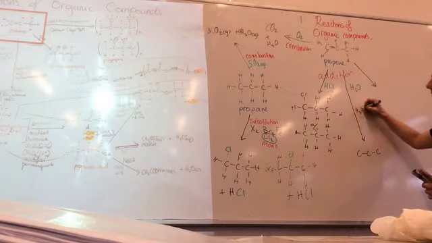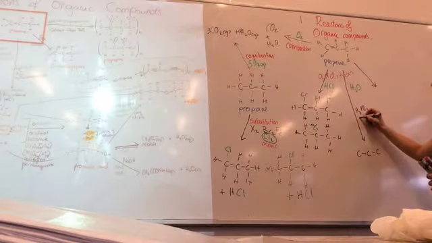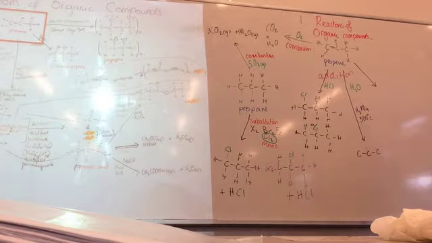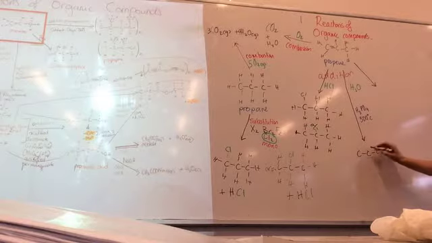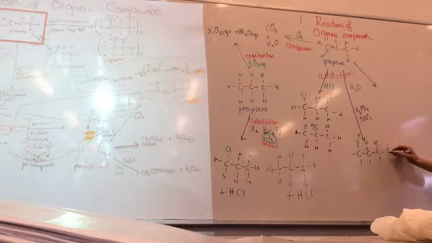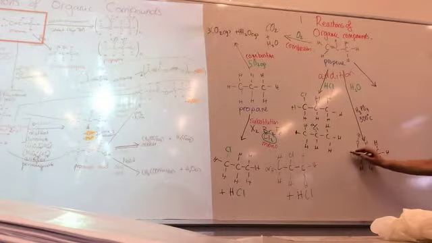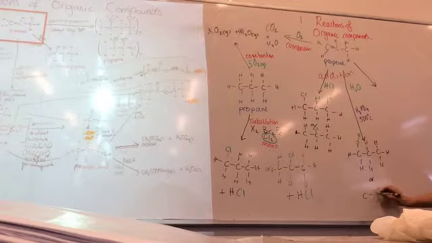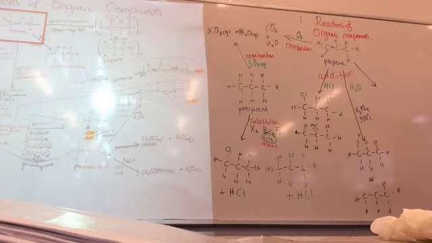Okay, so H3PO4 and 300 degrees Celsius. So H2O will be added like this.